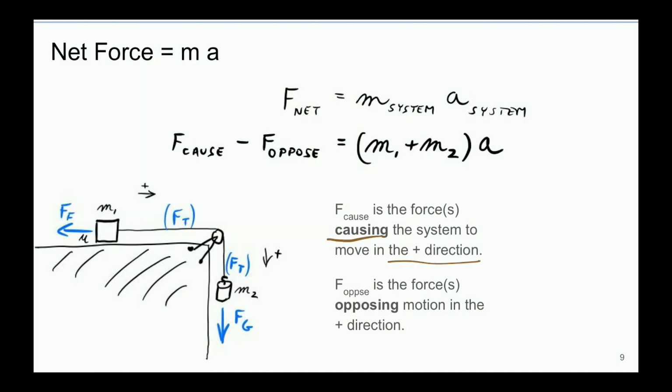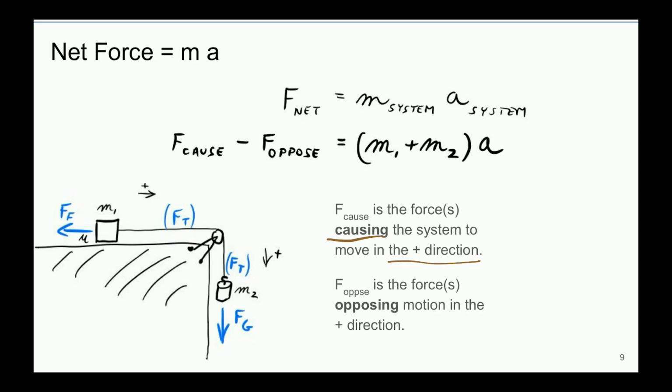Do you see why the directions are so important? Because cause and oppose have everything to do with the plus direction that you've arbitrarily defined. If you look at the picture, I chose to define plus as down for mass 2, and I did that because looking at the picture, I could be pretty sure that the way it wants to accelerate is in that direction. Positive acceleration, mass 2 falling and going faster and faster.